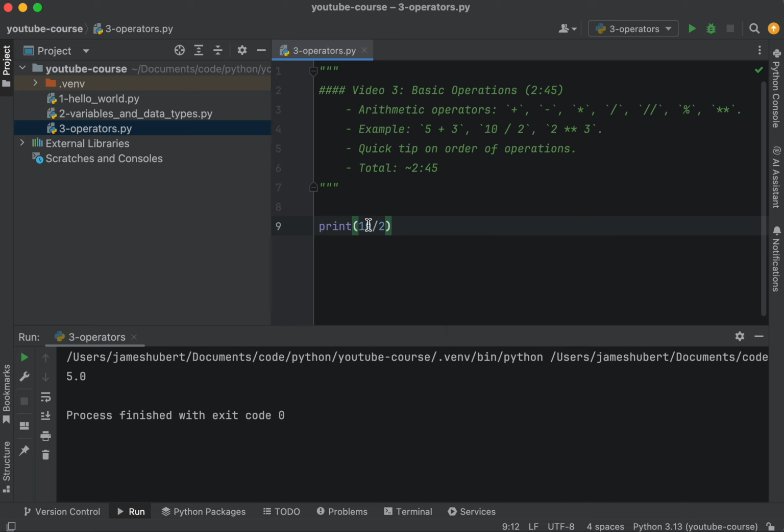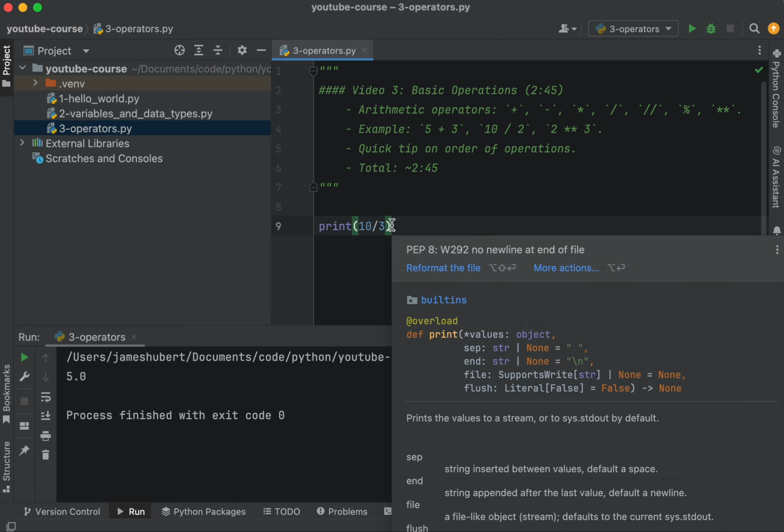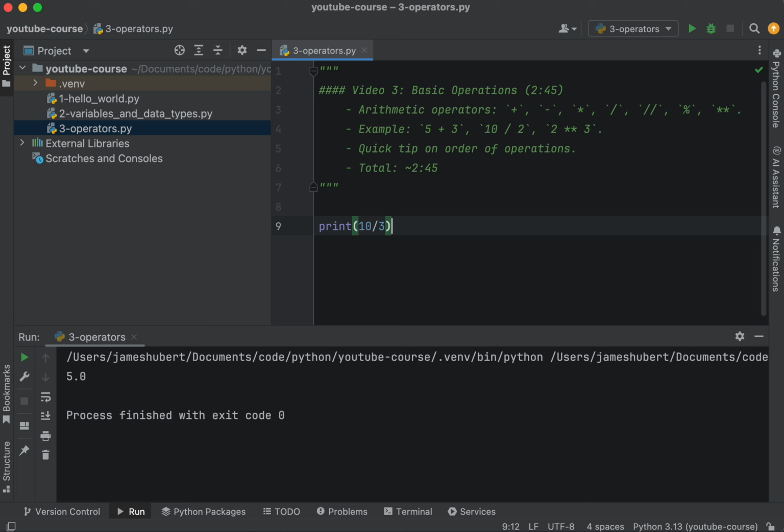Something you have to remember, because normally when we divide an integer by an integer, it will try to return an integer whenever it can, but it can't always do that. But anyway, with the division operator, it's always going to return a float.